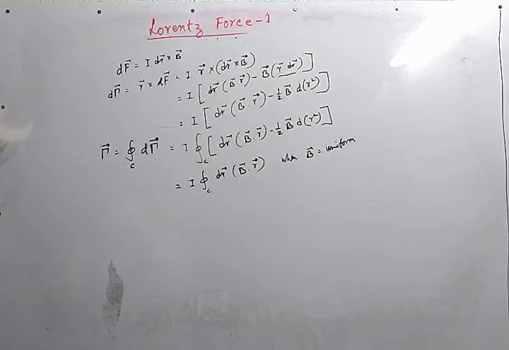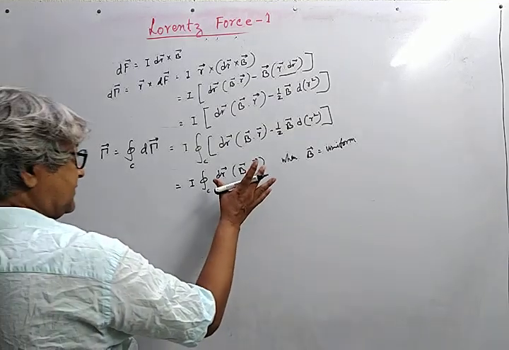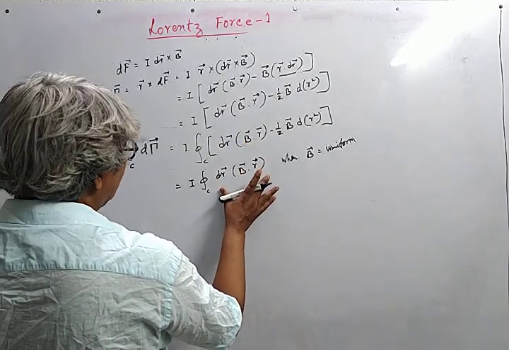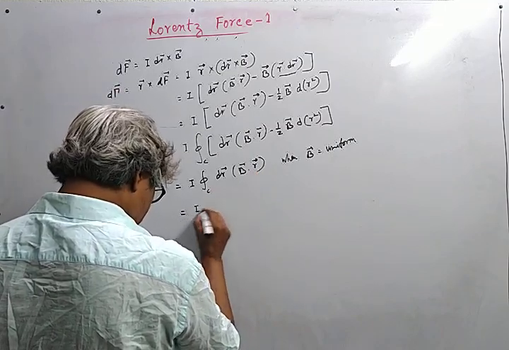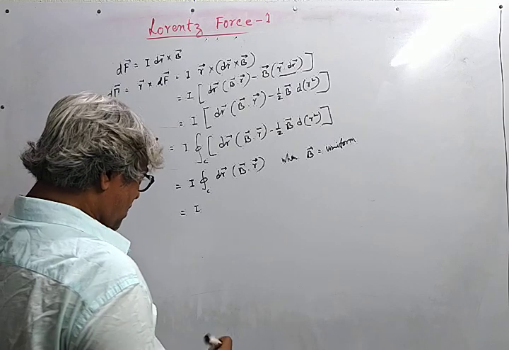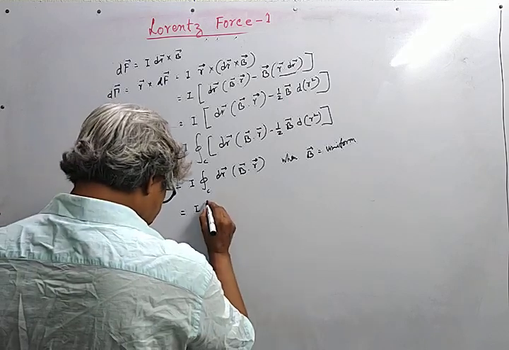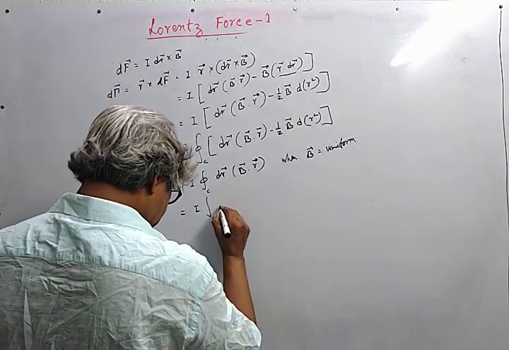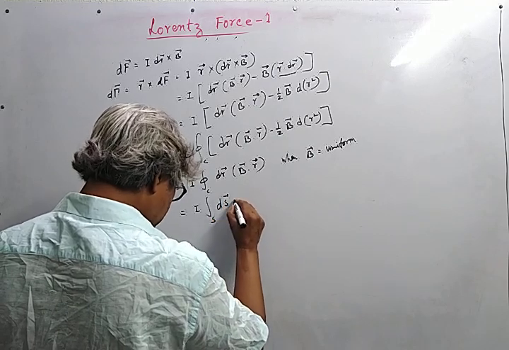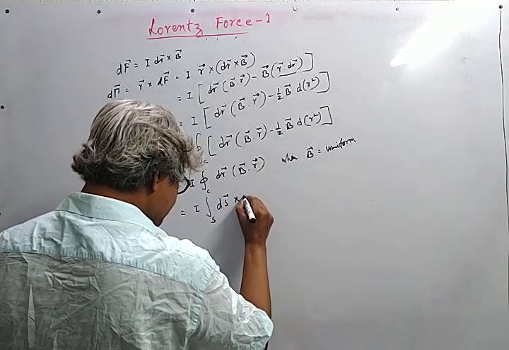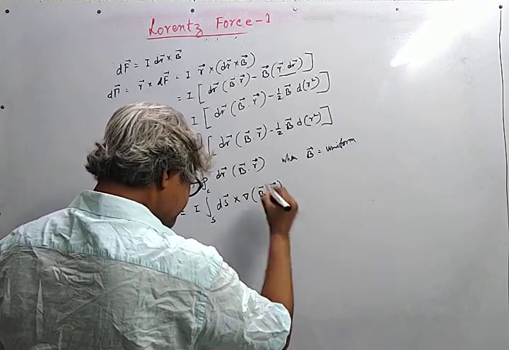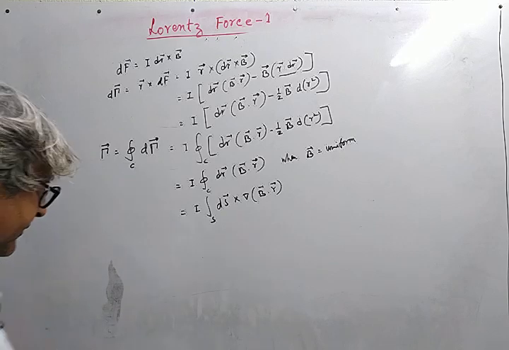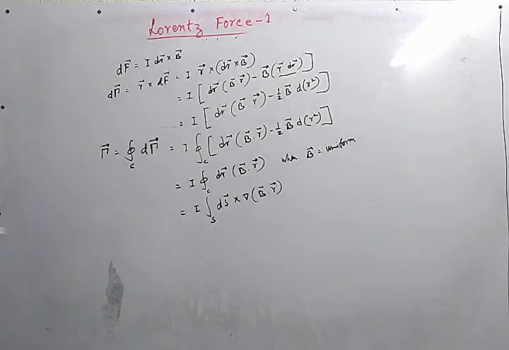We can change this line integral into a surface integral. For this we use another form of Stokes law. This is another alternative form of Stokes law that we have used one form earlier.